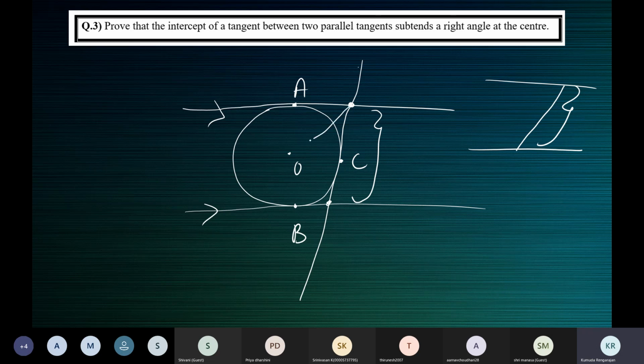So see here, this one makes 90 degrees at the center. So join the ends of the intercept. This is one end, join it to the center. And this is the other end, join it to the center. We need to prove that this one is 90 degrees.